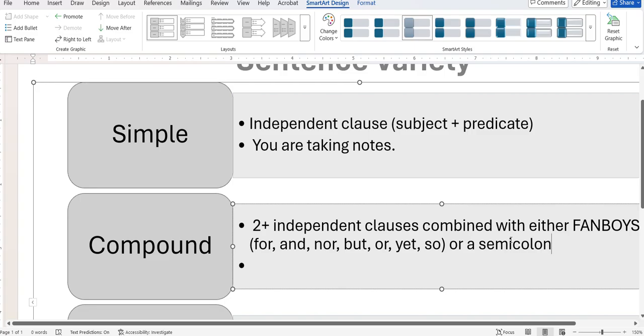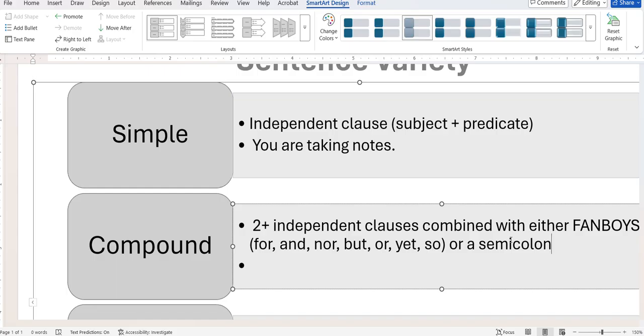or I think it was in the clauses, types of clauses handout. The semicolon can only be used if the second sentence sort of completes the idea of the first sentence. You can't say, you are taking notes, what are you having for dinner? Those two, that idea is not completing, you are taking notes.